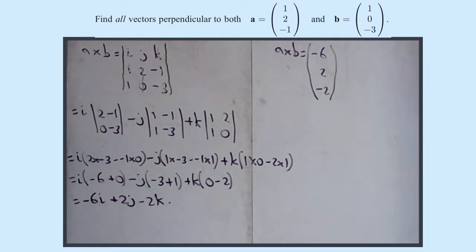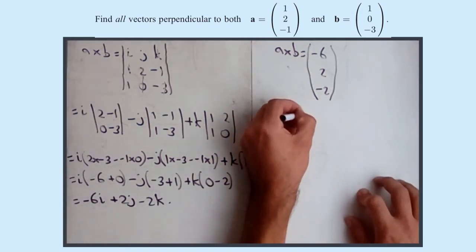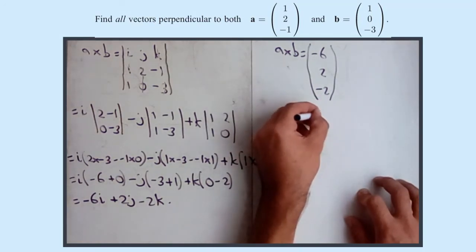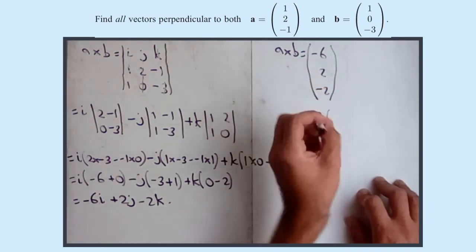But that is one vector that is perpendicular to both A and B. Because we've been asked for all vectors, we can pull a factor out of this, and we're going to need to introduce a letter. So we could say this also equals, we can pull a -2 out of there: -2 times (3, -1, 1).